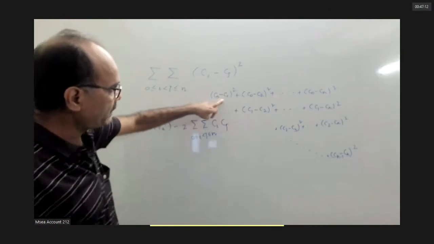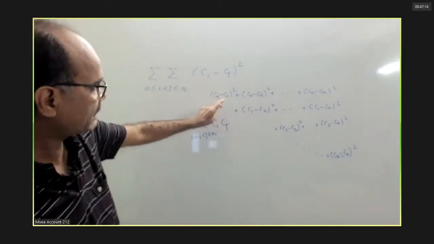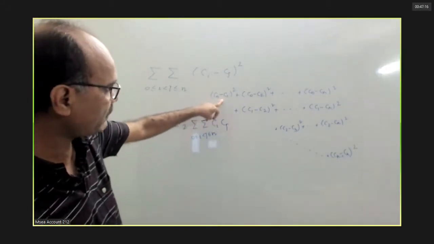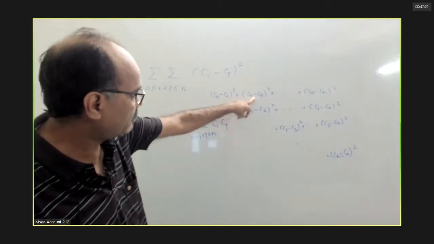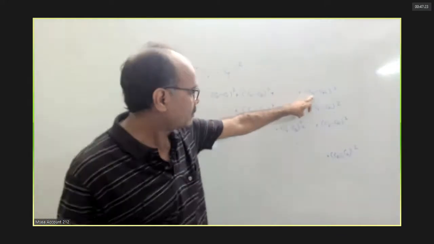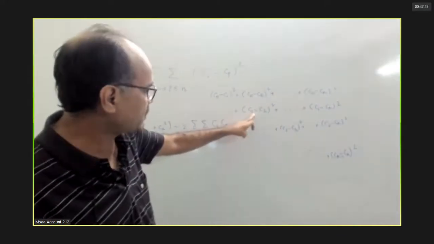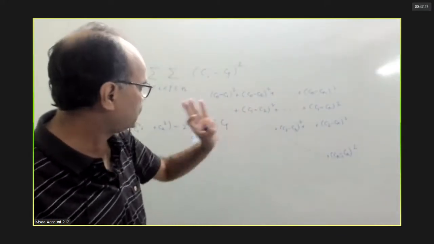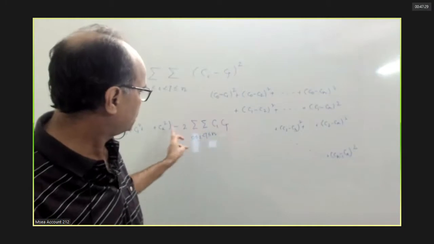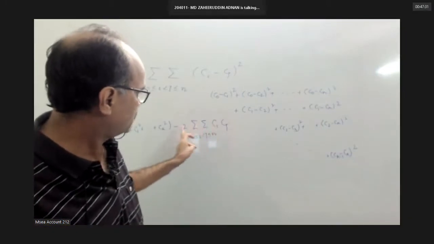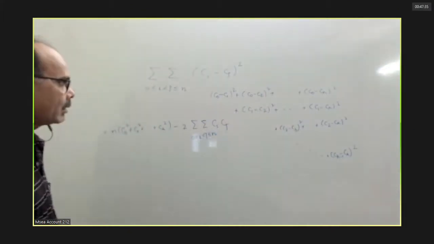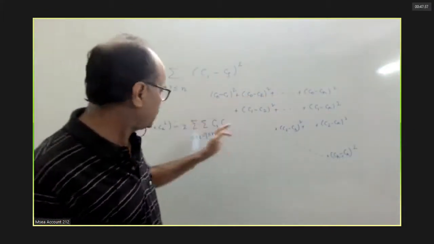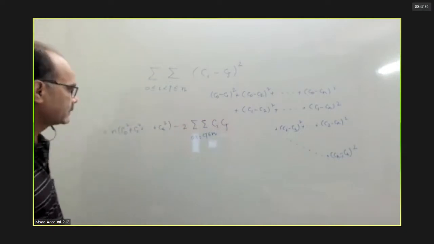If you expand it, it will be minus 2 times C0C1, minus 2 times C0C2, and so on, minus 2 times C1C2, all this. You just expand it and compare with that. All terms will be covered here.